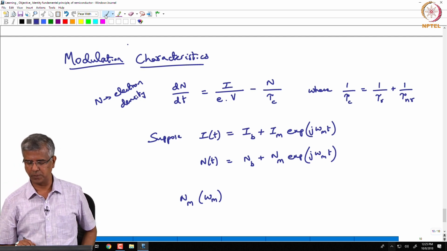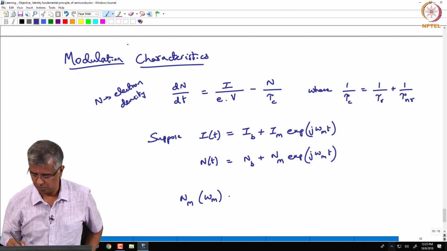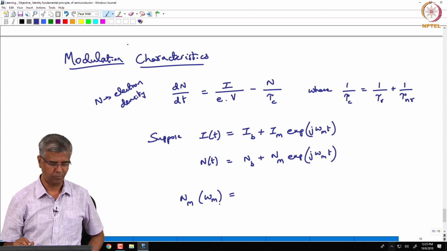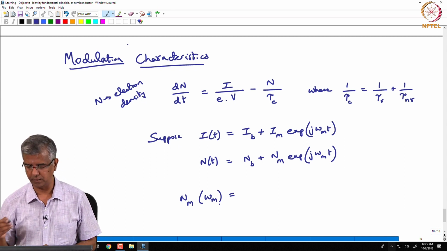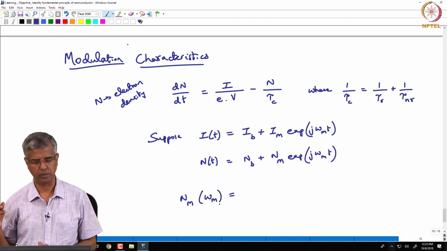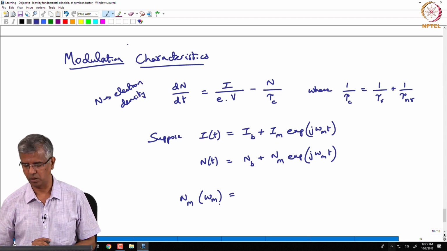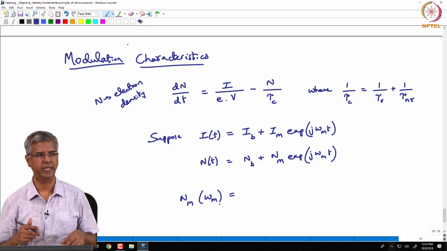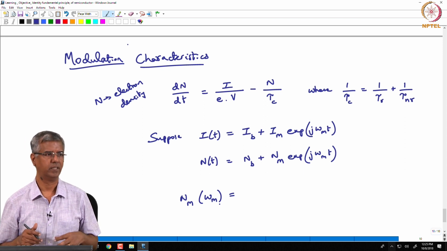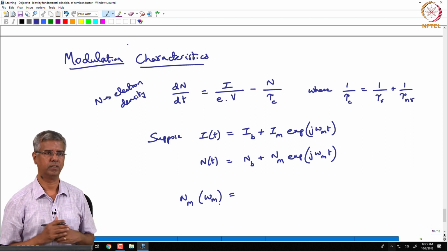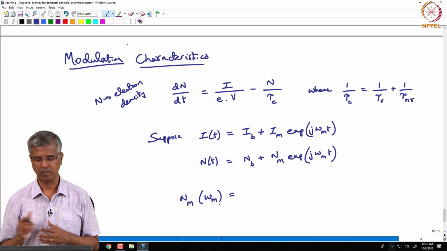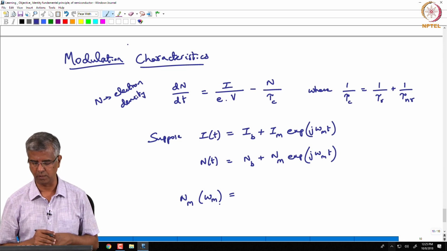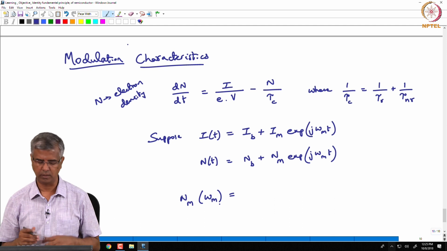So, we want to get an expression for Nm of omega m, and the reason we have picked exponential of j omega m t to represent the modulation is because when you do a d over dt of that, you just get a j omega m. Right. So, you can substitute d over dt by j omega m, and that simplifies the overall thing that we have.